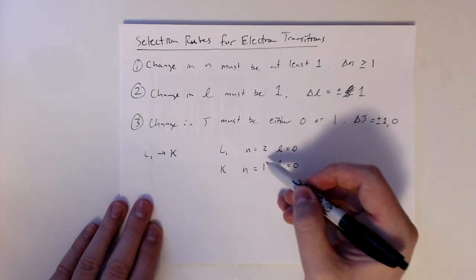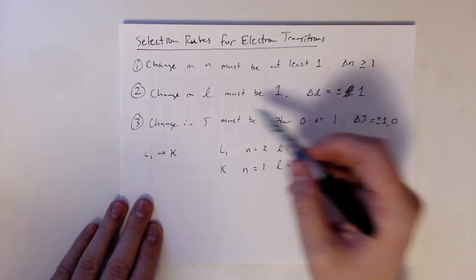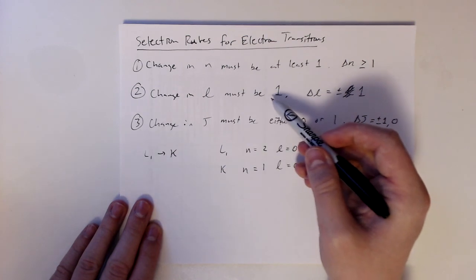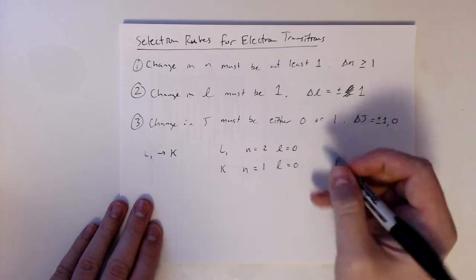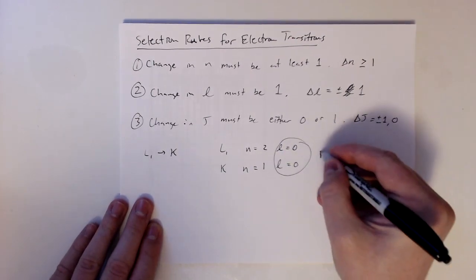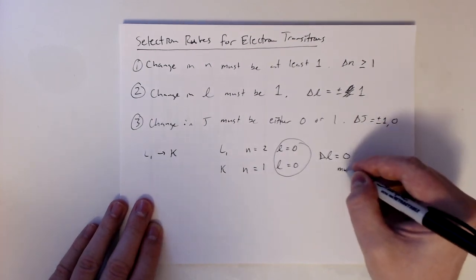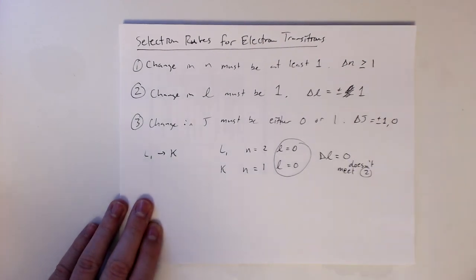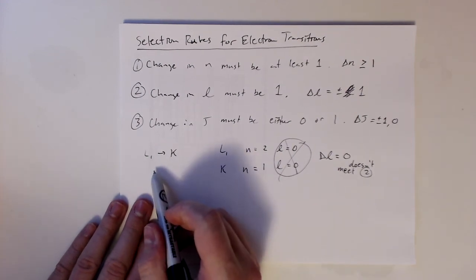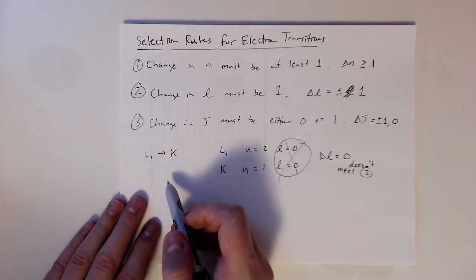So we have a change that is greater than or equal to 1 here for n, but if we look at L, we see that the change must be 1, whereas here we're going from 0 to 0. So this already tells us this change in L is equal to 0, so it doesn't meet rule 2. Right, so that's why we don't see an L1 to a K transition when we're looking at those alpha transitions.